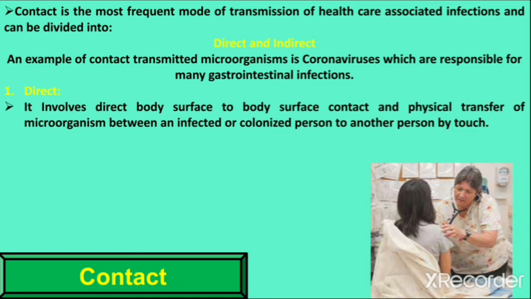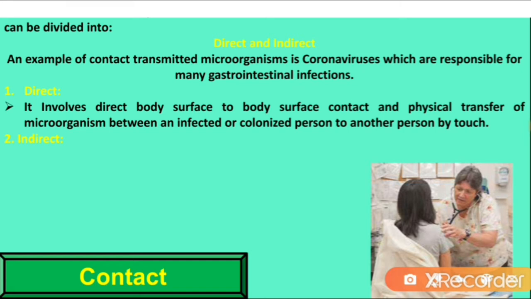First one, direct. It involves direct body surface to body surface contact and physical transfer of microorganisms between an infected or colonized person and another person by touch. Here, direct contact means direct body surface to body surface contact.